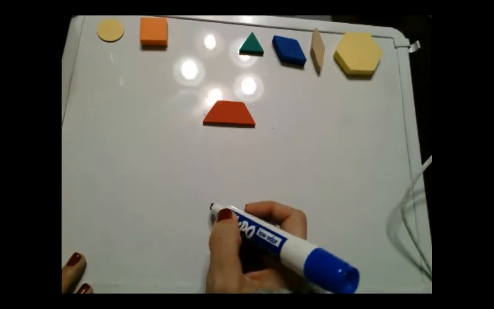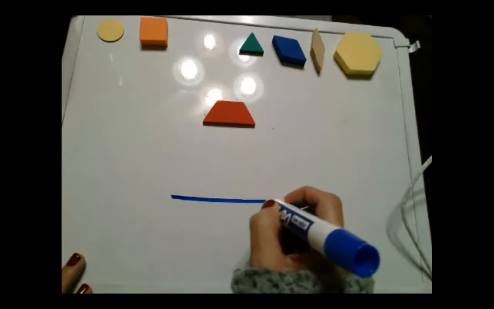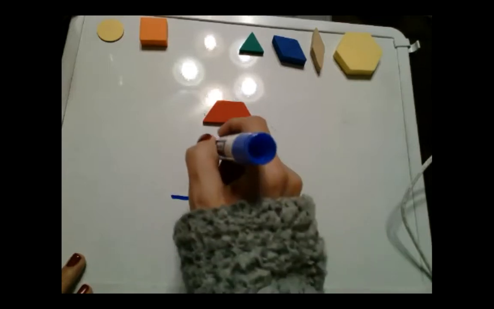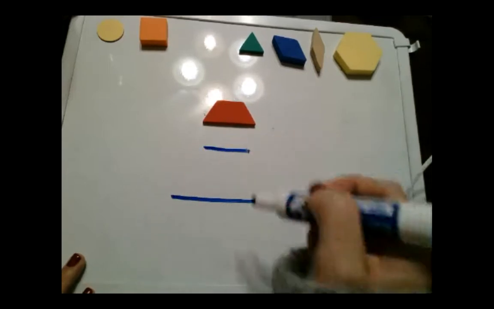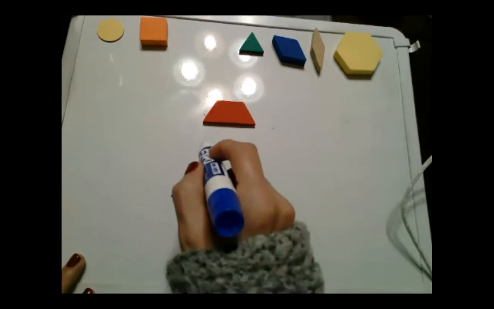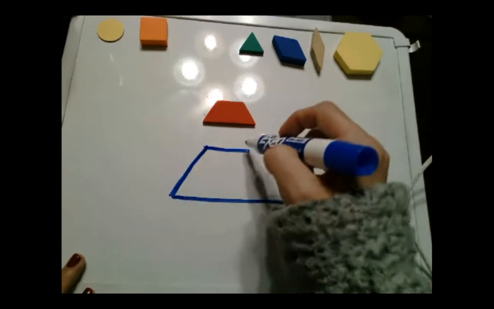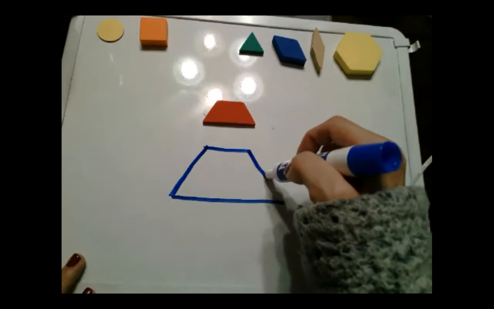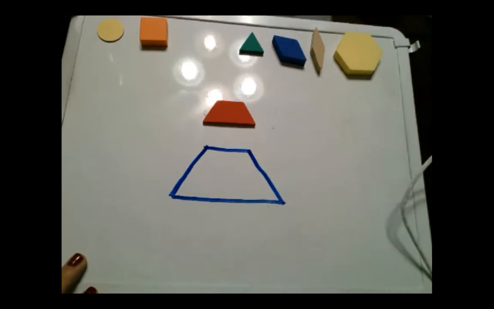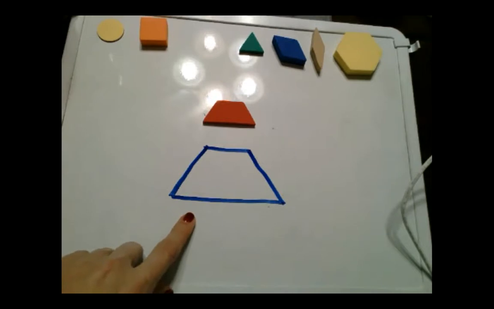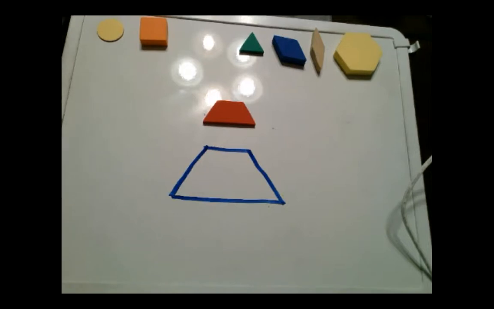So a trapezoid has a long bottom and a shorter top. Then it has two slanted lines that go outward from the top to connect it. Did you draw your trapezoid? Wonderful. Let's try another hard shape.